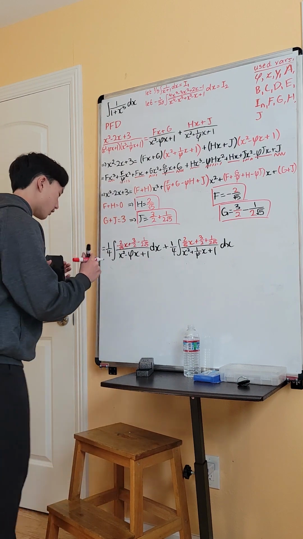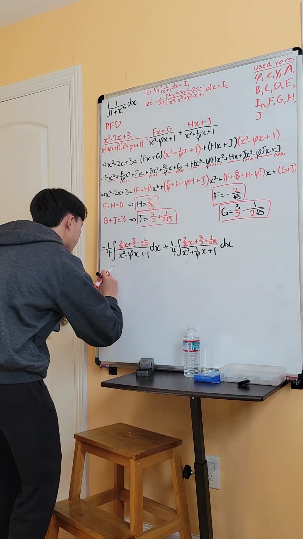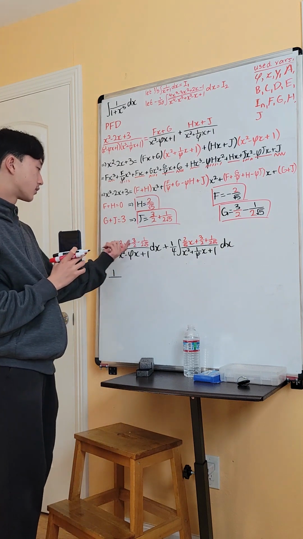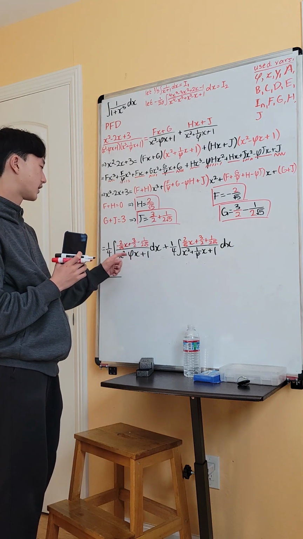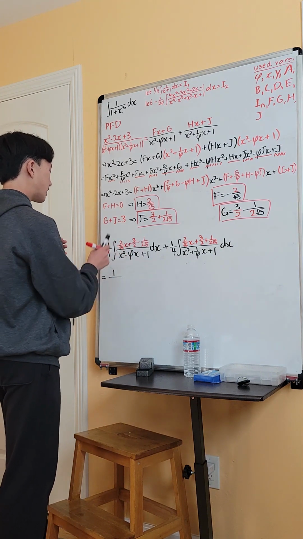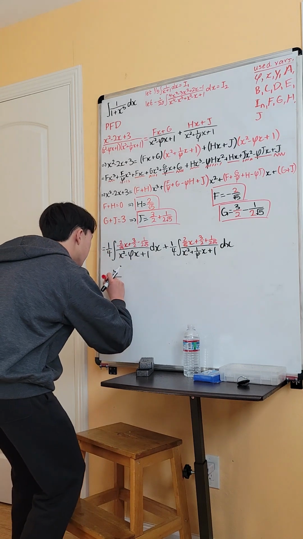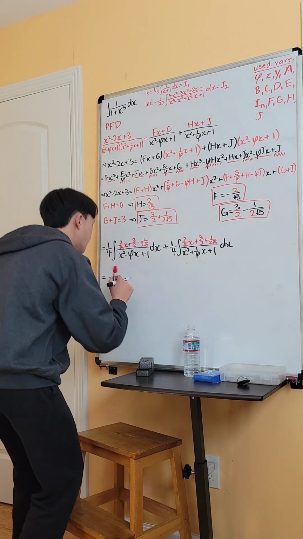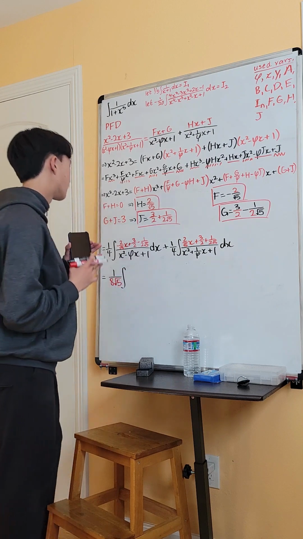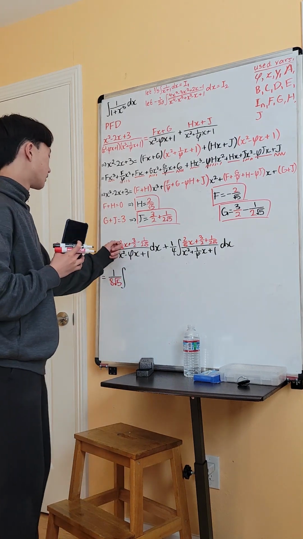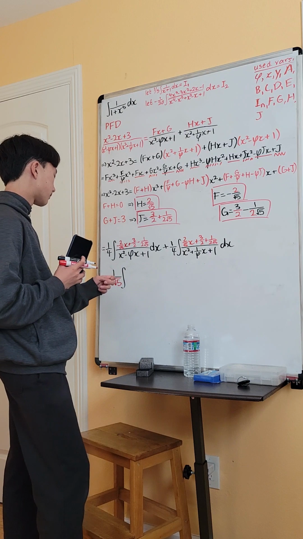So down here, if you multiply the top by that, you also have to multiply the bottom by that. So I'll bring this outside. 4 times 2 root 5 is actually 8 root 5. And then the integral. Now the top, negative 2.